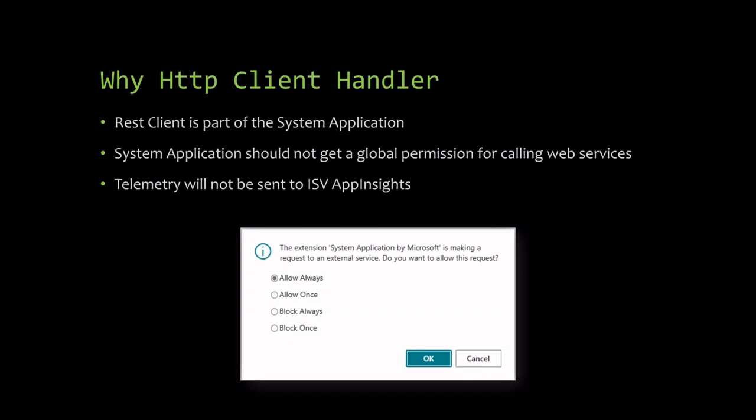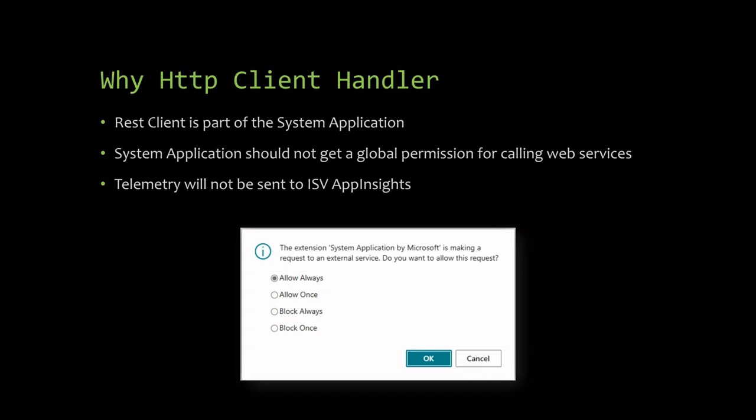But now with the REST client, it is the system application that is asking to be allowed to make external requests. Now, what is wrong with that? The problem with this is that if all apps would be using the REST client, then with one OK here, you enable all other apps to make external requests, especially in a sandbox environment where this message exists to prevent you from doing unwanted external requests.